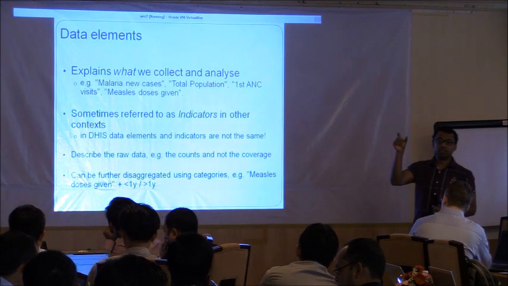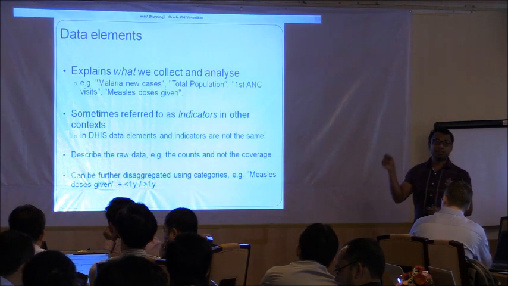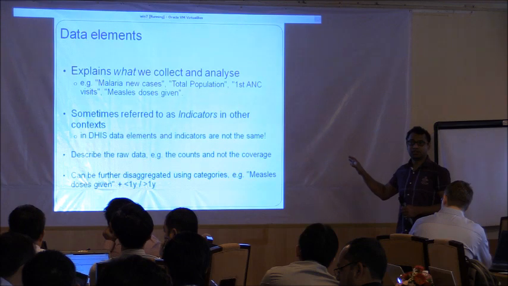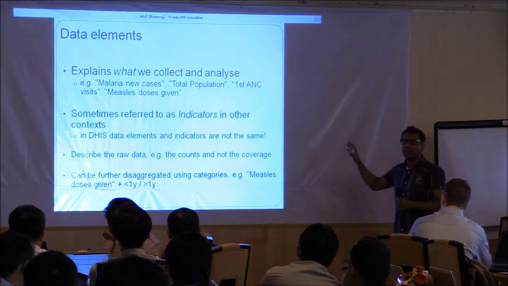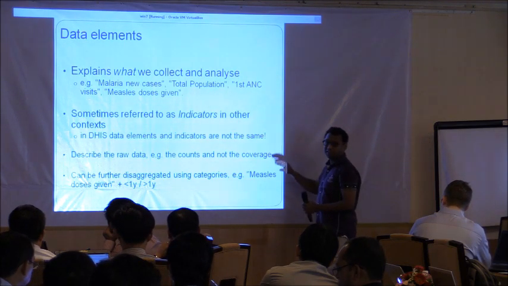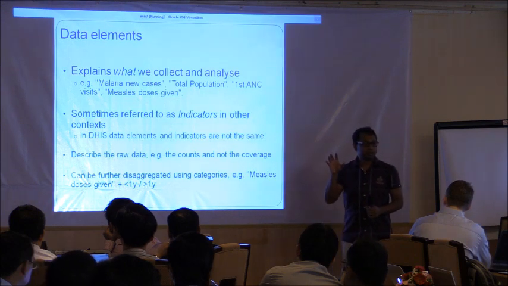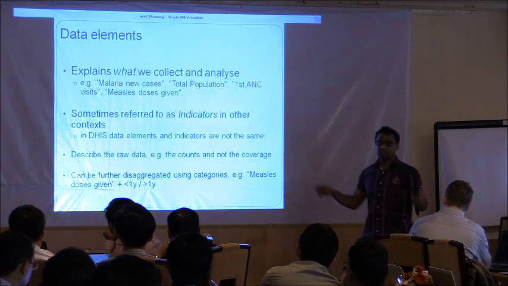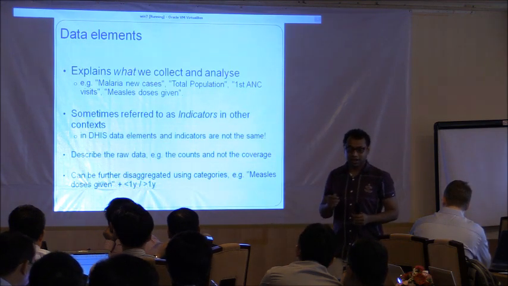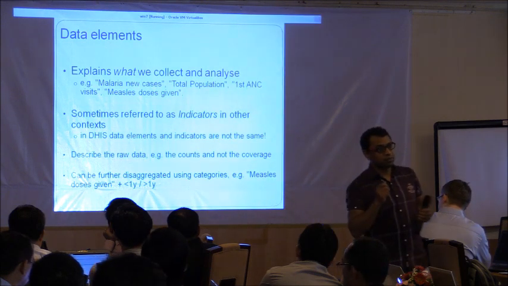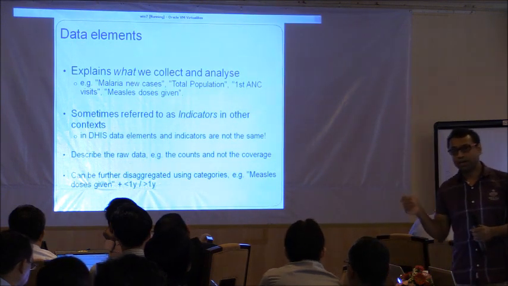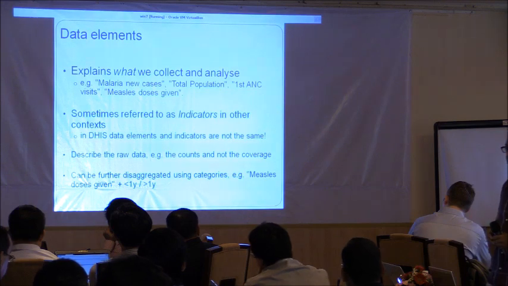So total population is the data item. Male and female is the disaggregation. Most of the time we have a problem identifying what is a disaggregation and what is a data item. When we see a form, we should be in a position to identify what is a data item and what is a disaggregation.